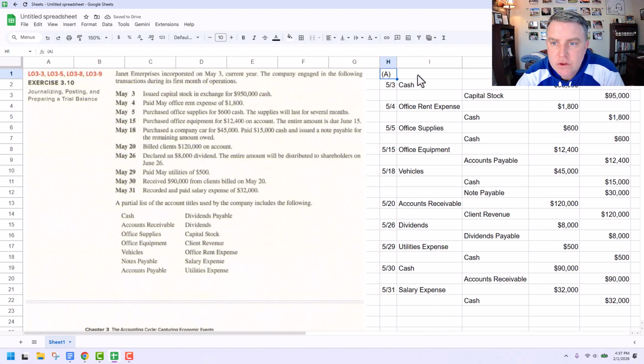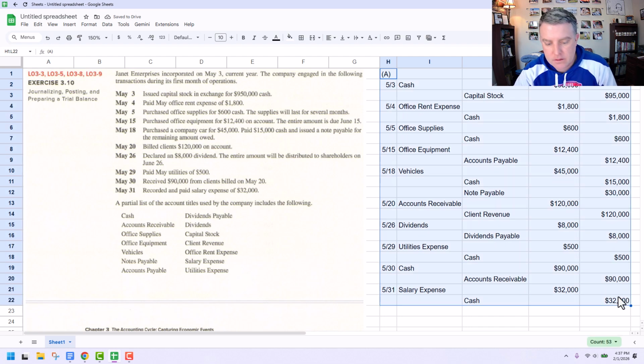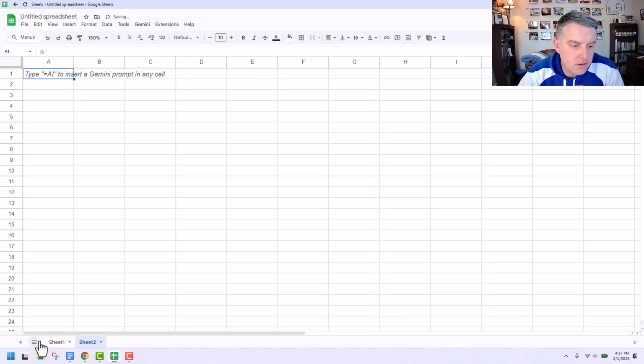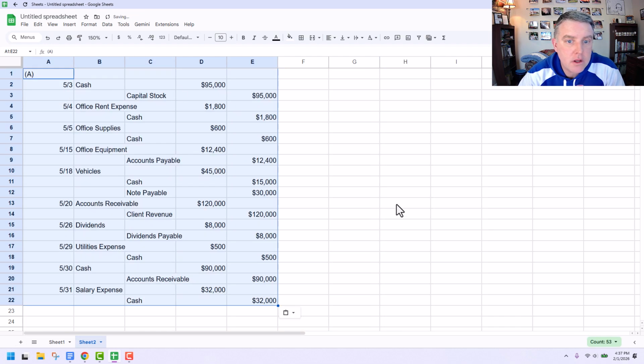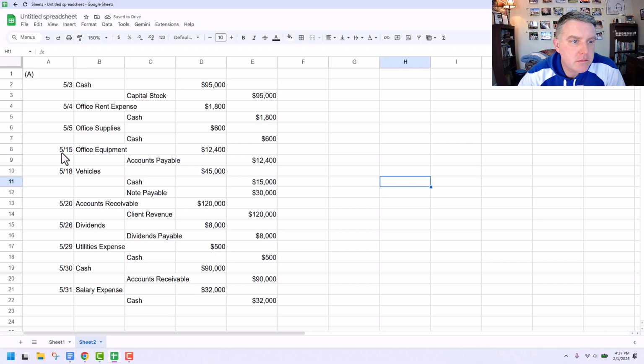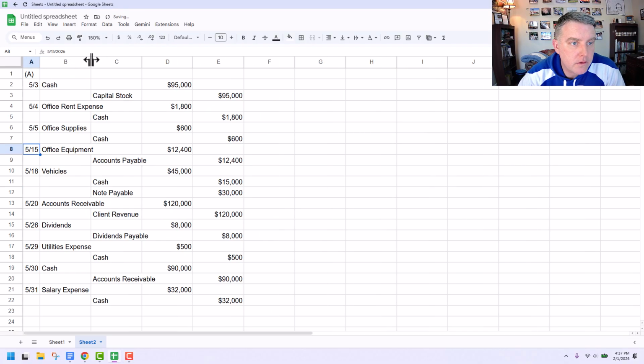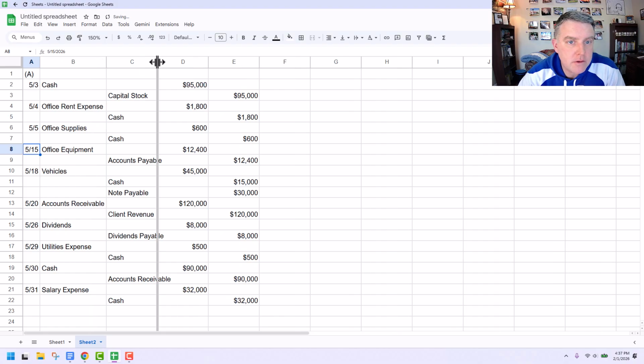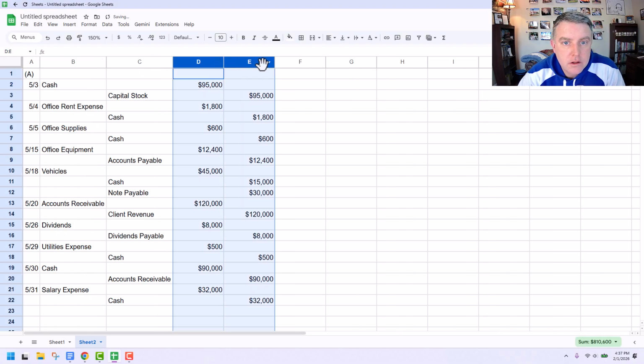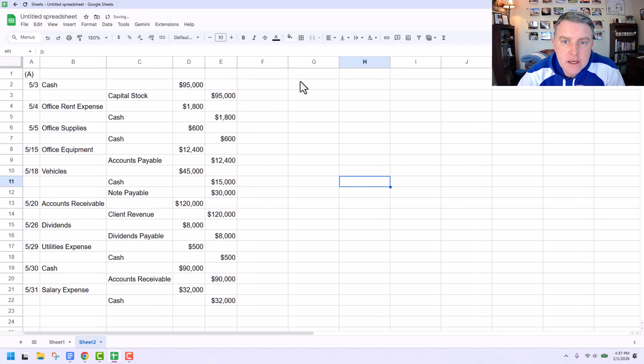And let's move this over. I'm going to take this, I'm going to move it into a new tab in this spreadsheet. So here's our journal entries, just so we have some space to work. So I'm just going to format these columns so everything fits. All right. So T accounts, remember, they look like a T. That's why they're called T accounts, right?